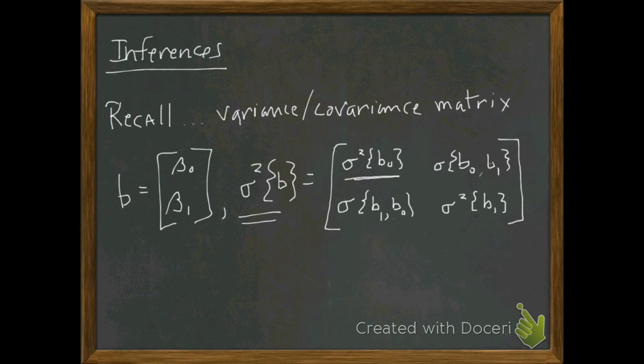Remember, gang, you got to take the square root of the diagonals to create the variance. These values here give the covariance between the slope and the intercept, b0, b1, and those will always be the same value. You can think of it kind of as the correlation, but it's actually referred to as the covariance.